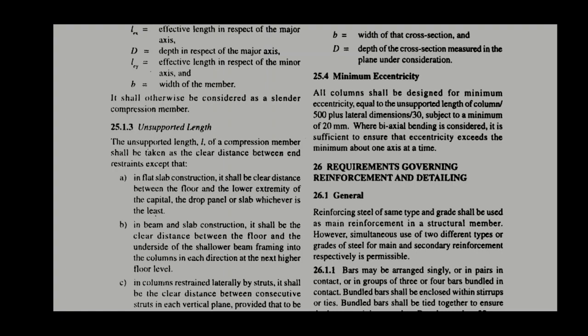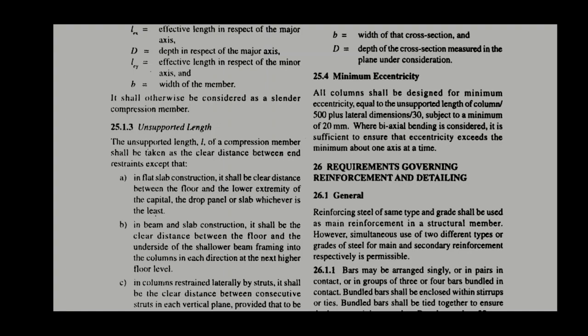Where biaxial bending is considered, it is sufficient to ensure that eccentricity exceeds the minimum about one axis at a time. So whatever is written about minimum eccentricity is formulated in our notes.